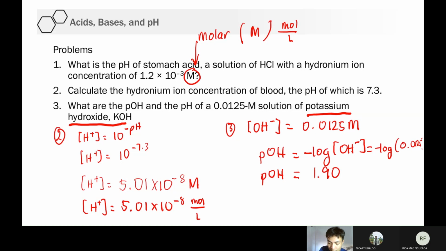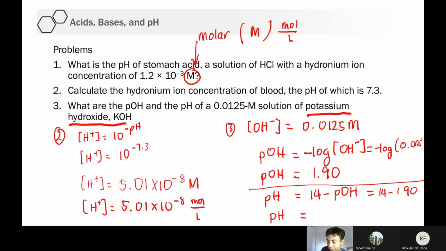Kapag gusto mo naman kunin yung pH for this problem, that will be just 14 minus pOH. Okay? Kasi pOH plus pH is 14. Rewriting that equation, you will get pH equals 14 minus pOH, diba? So that will just be 14 minus 1.90. That will give you 12.1.